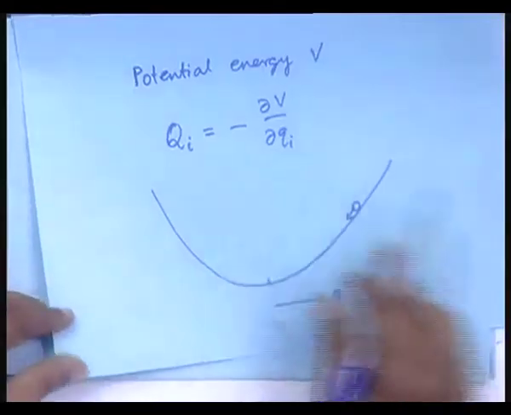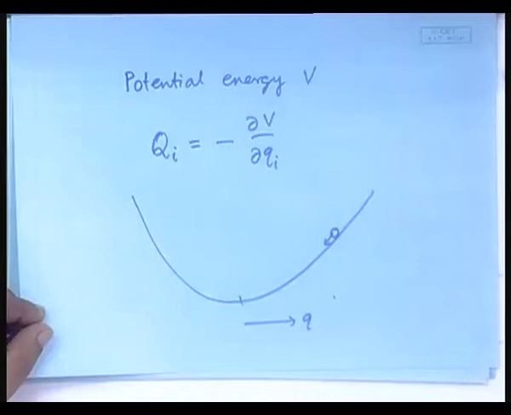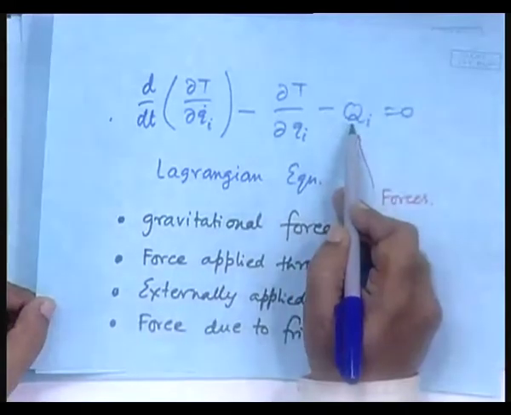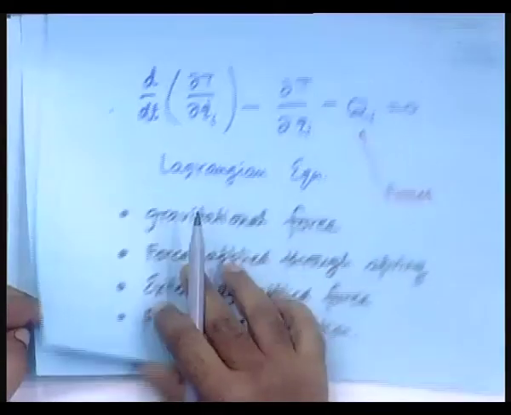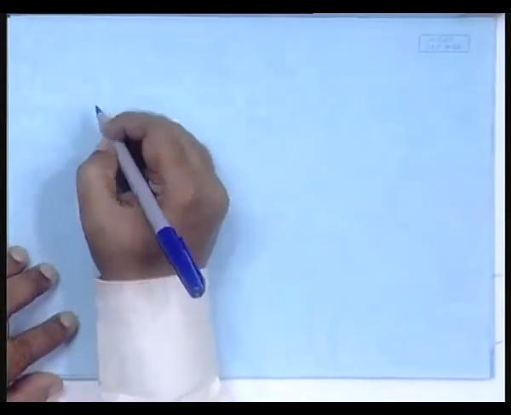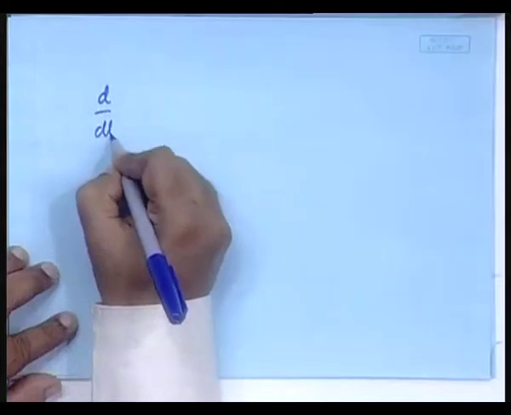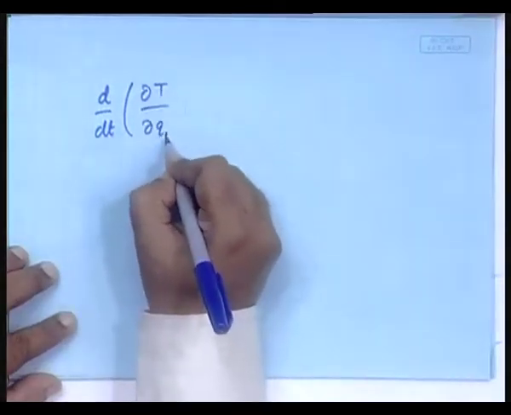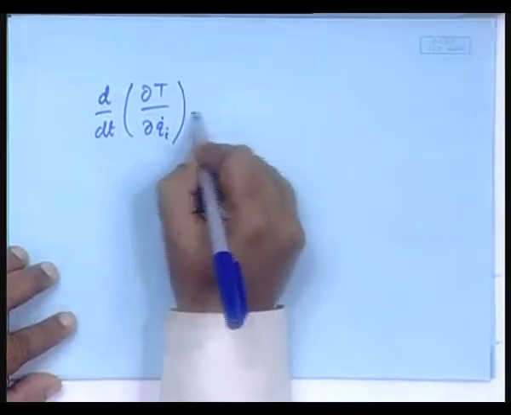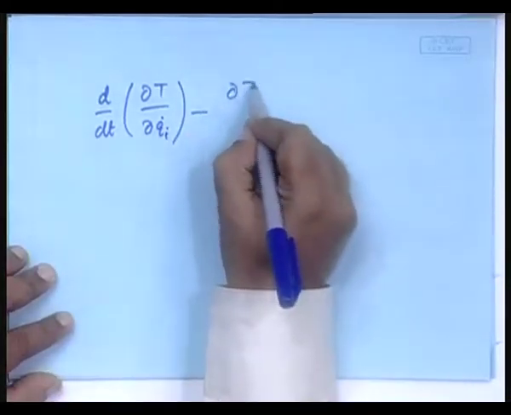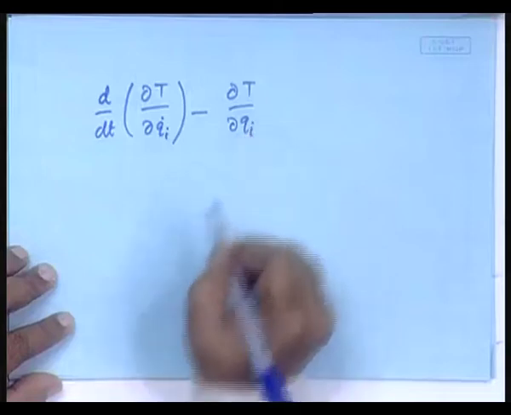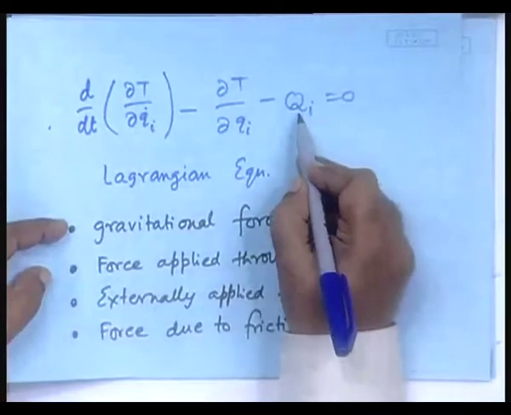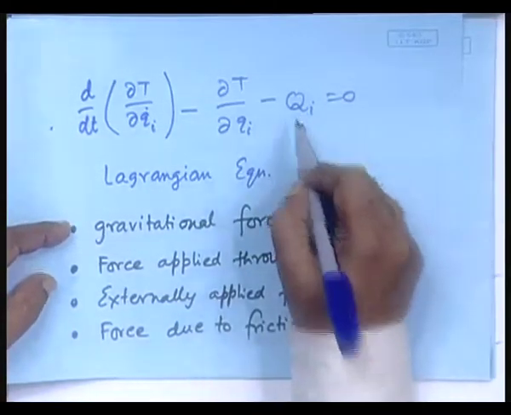But once you assume this, then this can be substituted from there. We will substitute and write d/dt of the derivative of T with respect to q i dot, minus, here we substitute minus dV/dqi.